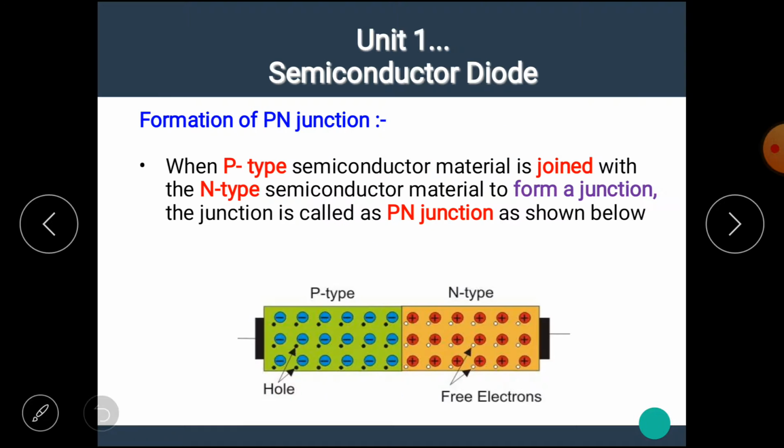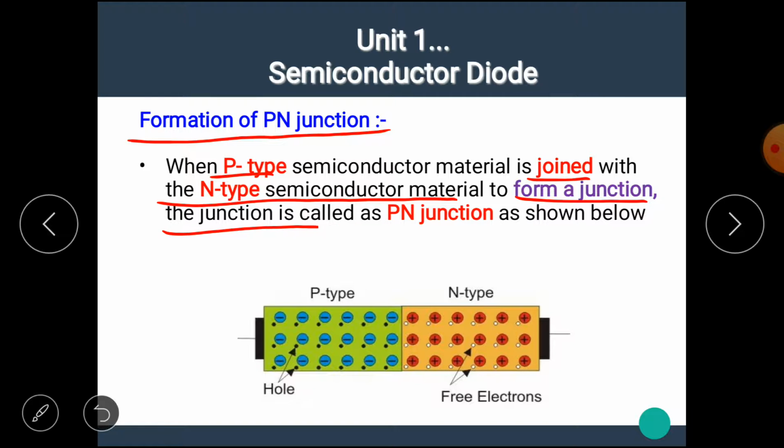Now let's see our point, formation of p-n junction. Let's see what is meant by the p-n junction. It is very simple. When p-type semiconductor material is joined with n-type semiconductor material to form a junction, then the junction is called the p-n junction, as shown in the following figure.